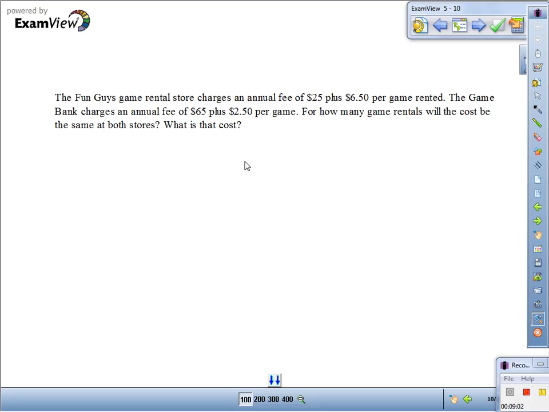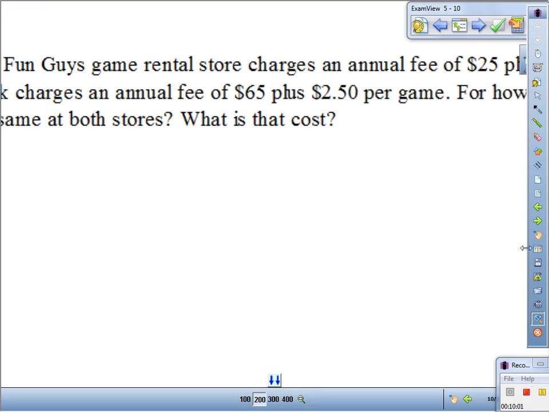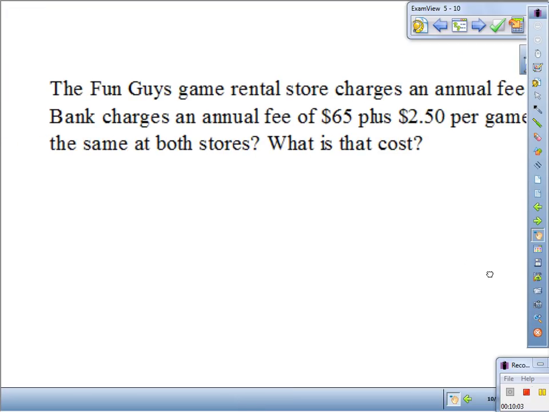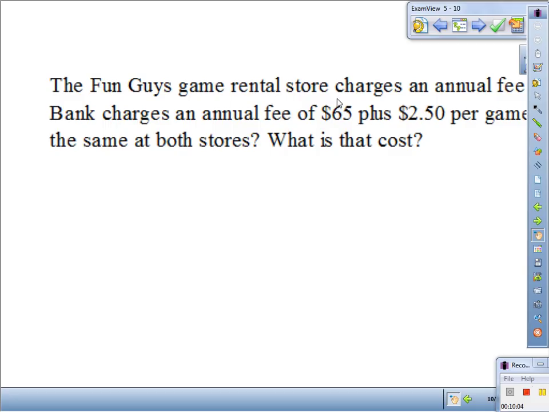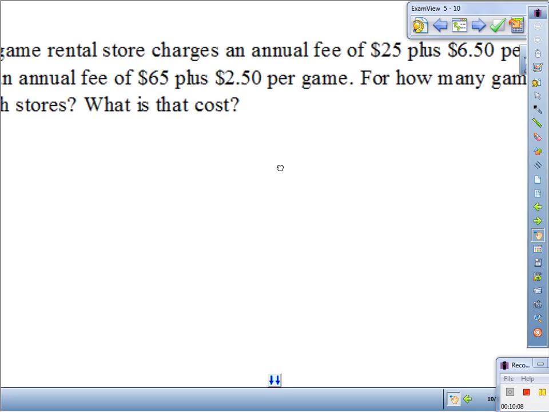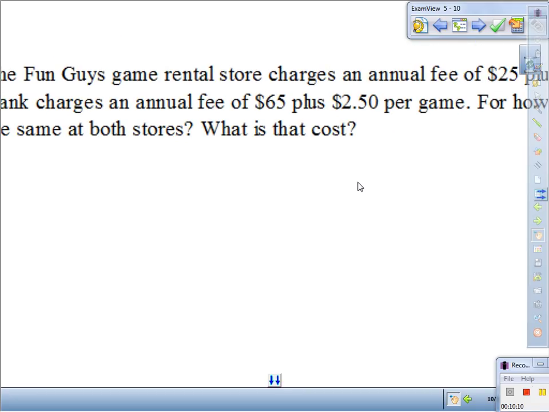Now, notice this one is not really an item and cost kind of problem. Look at it carefully. Look up, please. It's talking about how many stores? 2 stores. Who remembers these kind of problems from last semester?